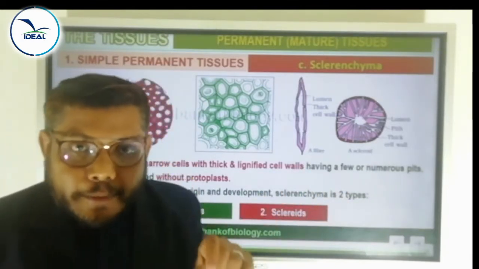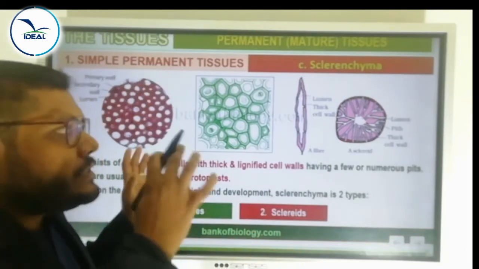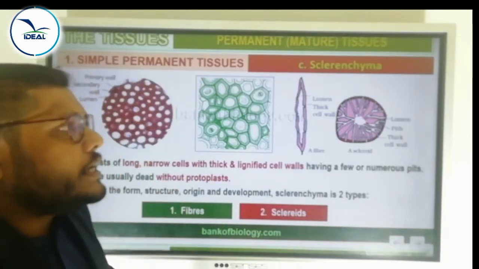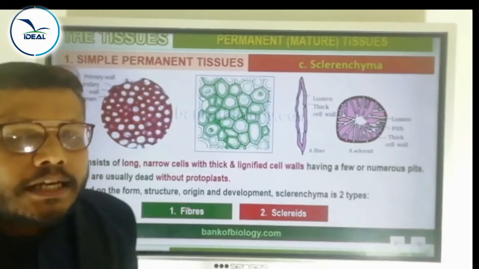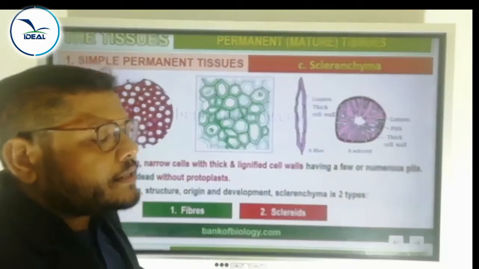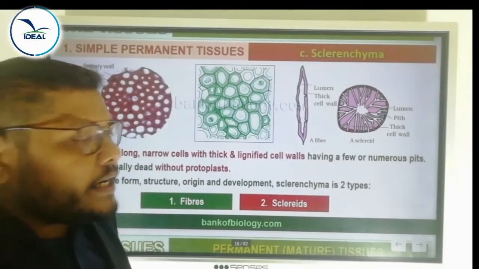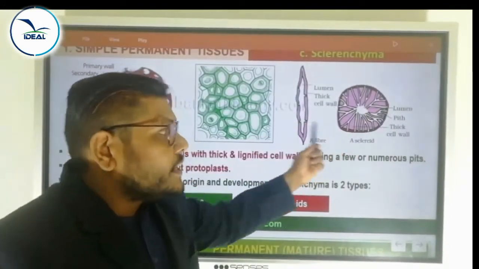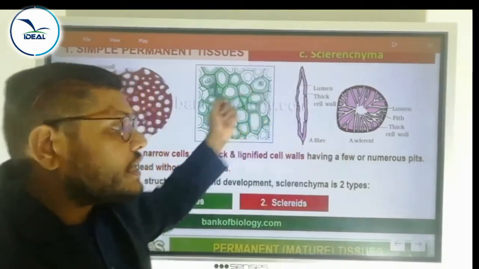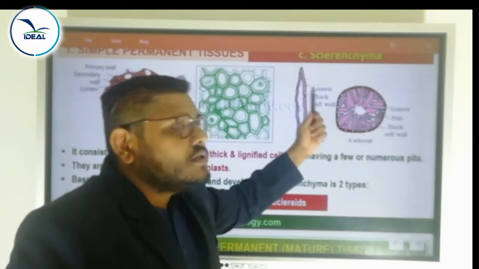In structure, they are narrow elongated cells. Based on shape, there are two types of sclerenchyma cells: fiber and sclereid.